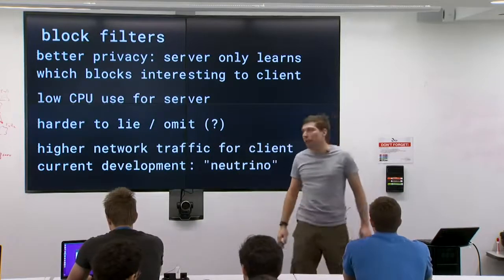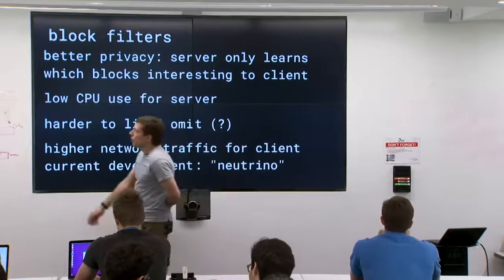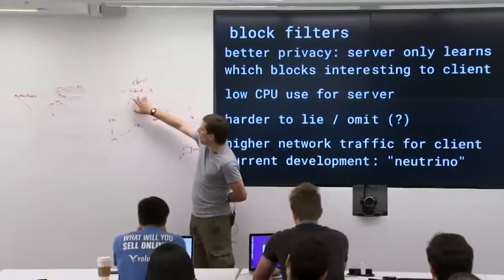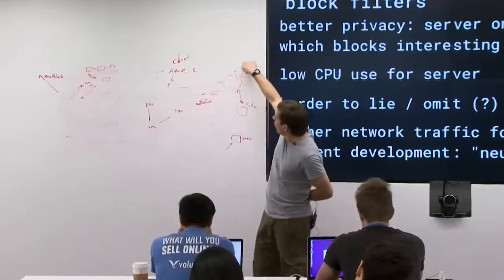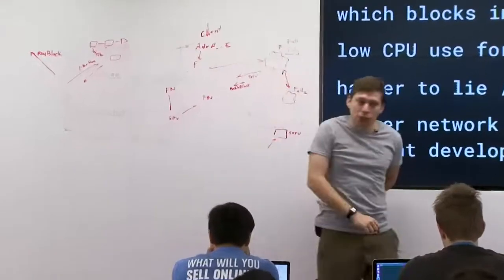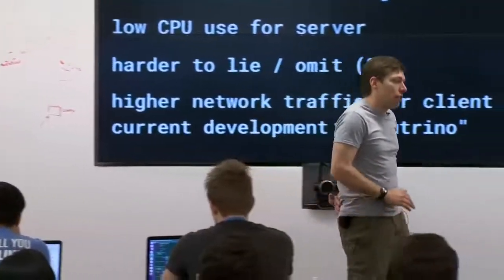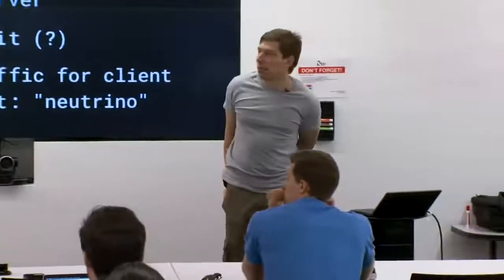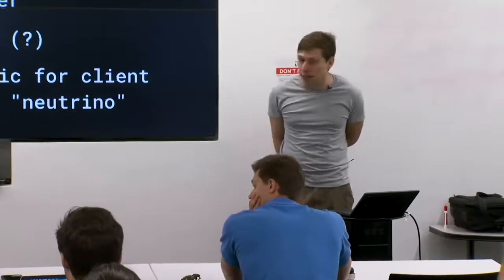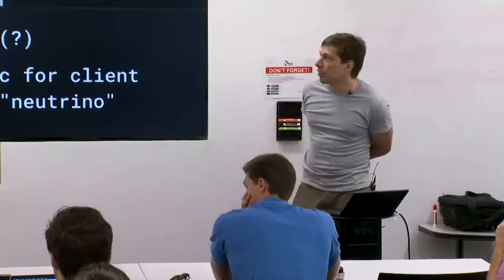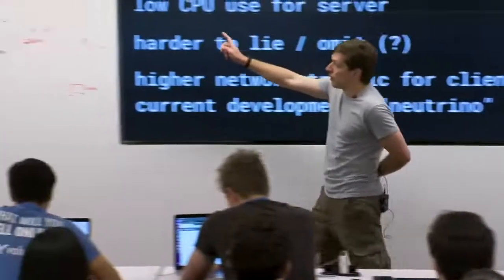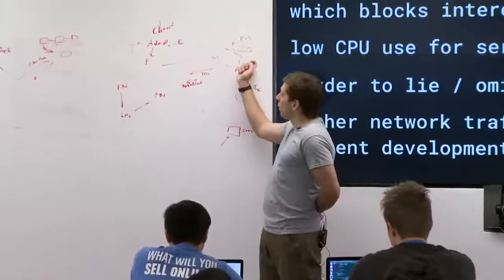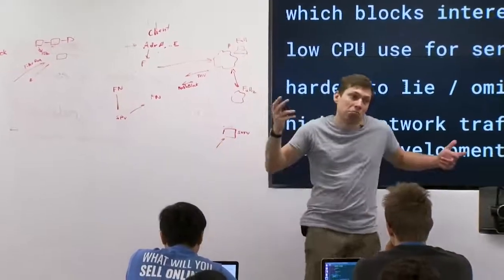So in the current SPV model, if someone is running a client, says, hey, here's my Bloom filter, and the full node responds, the full node can easily just omit things. So there was a transaction that did hit the Bloom filter and did match, and address A was present in a transaction, and the full node just doesn't send it.